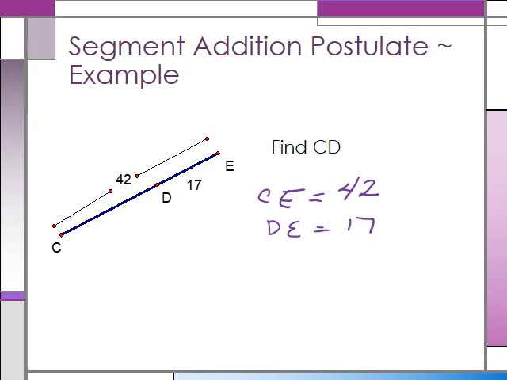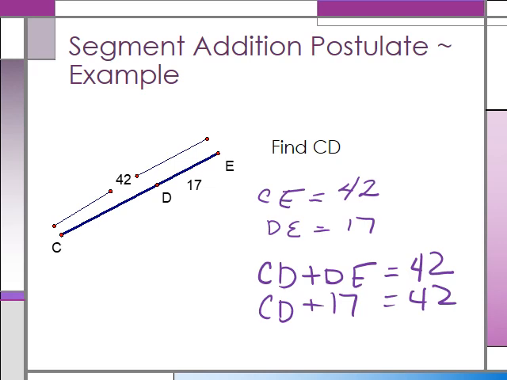So by the segment addition postulate, CD plus the distance DE is 42. We know that DE is 17, so if we subtract 17, the distance between C and D is 25. That reads: the distance between C and D is 25.